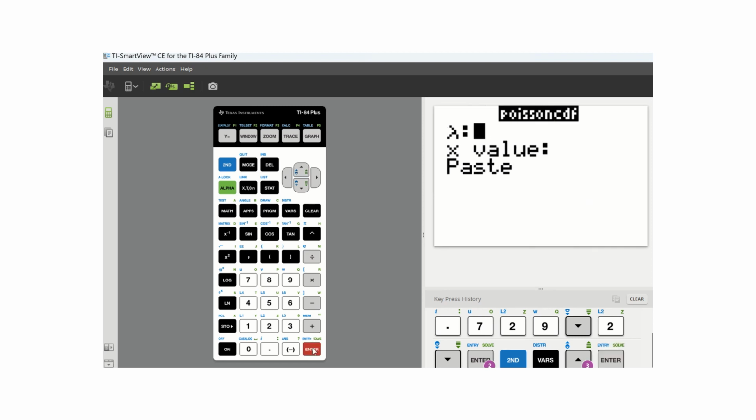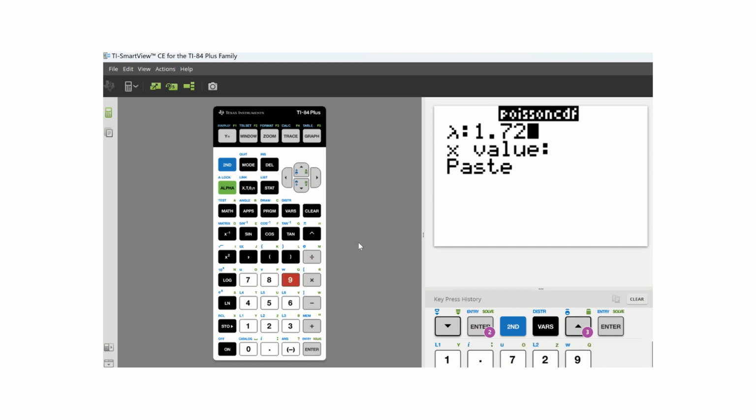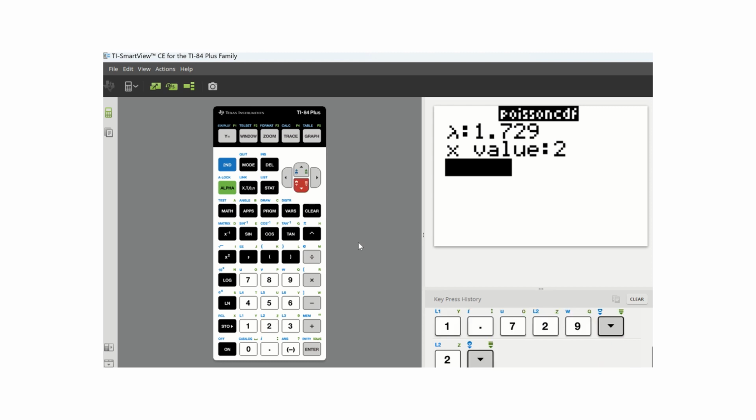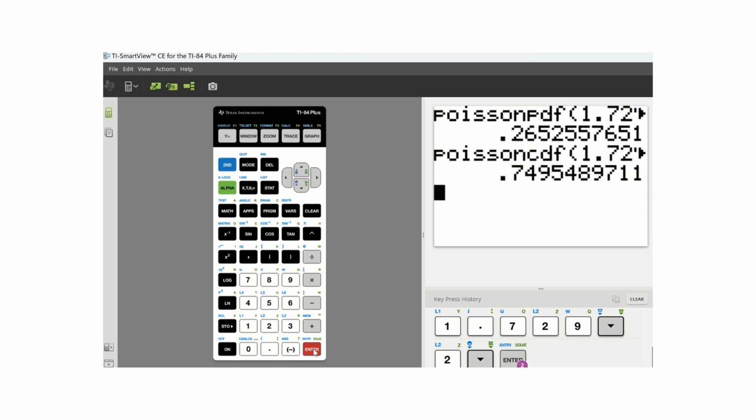Hit enter, and the screen is exactly the same, except we are not in the PDF mode, we are in the CDF mode. Lambda is the same, same problem, same average. Even the x value is the same, 2. So we hit 2, come down, highlight Paste, hit enter, and you get 0.795.